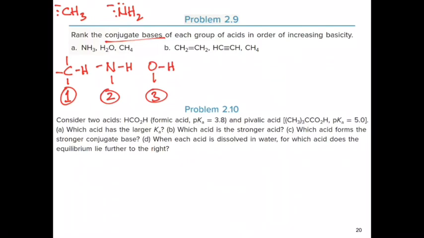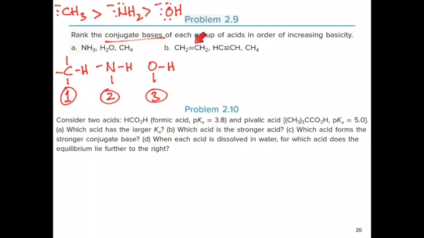And then for water, you now have OH minus with 3 lone pairs on the oxygen with a negative charge. And so in terms of basicity, this ion right here would be more basic than this ion, and then this ion is more basic than this hydroxide ion. So this is greater than this one, and this is greater than hydroxide.